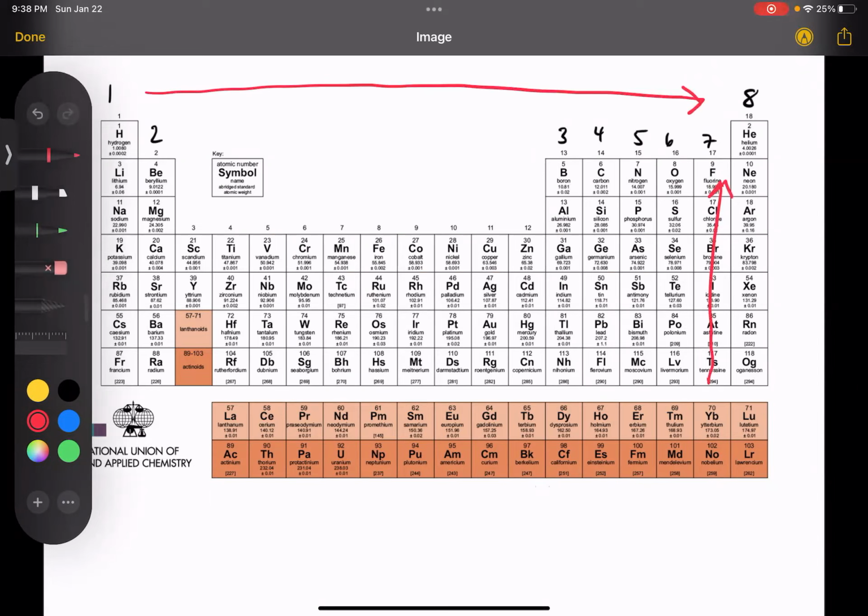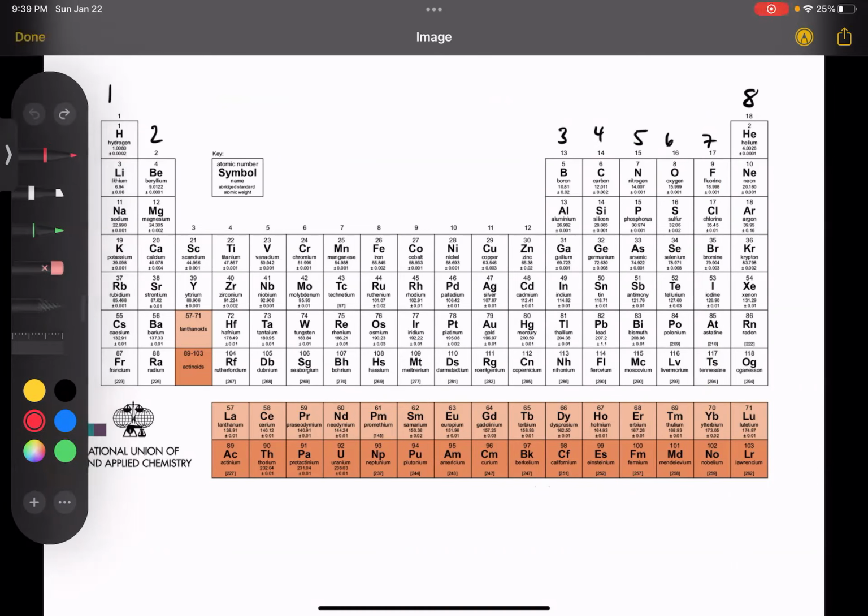So long story short, the least electronegative atom is going to be the one furthest toward the bottom left. In this case, all of my elements except for hydrogen are in the second period, so I'm really just comparing oxygen, nitrogen, and carbon. Among these, nitrogen and carbon are going to be the least electronegative.